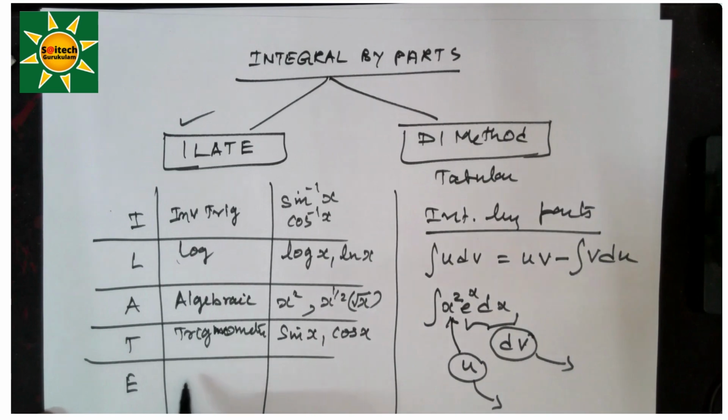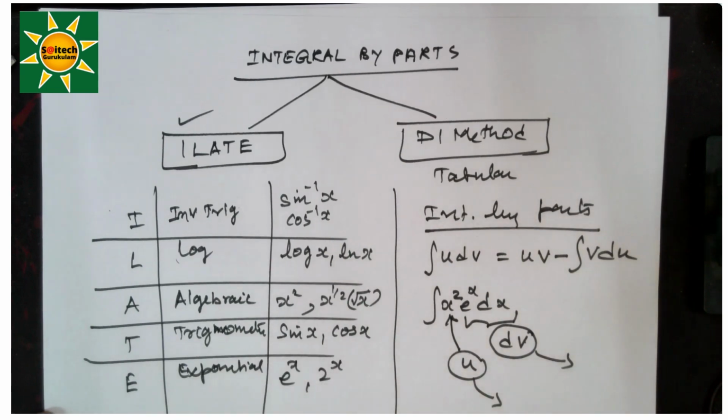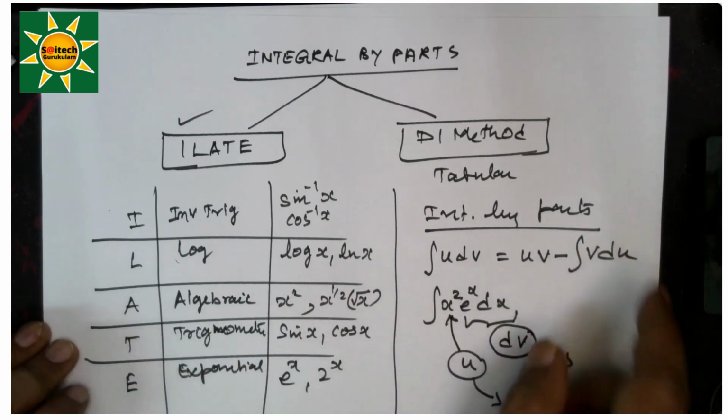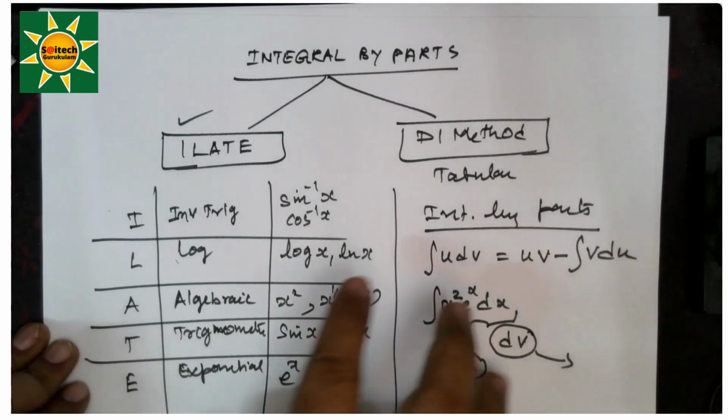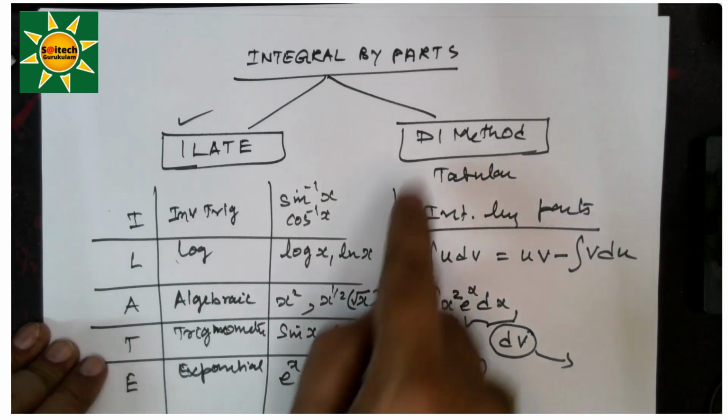Then if you have got exponential function like e power x or 2 power x, etc. So in this order we have to give importance for the first function. Now let us proceed with the integration, and in this case I will try to explain the DI method also.